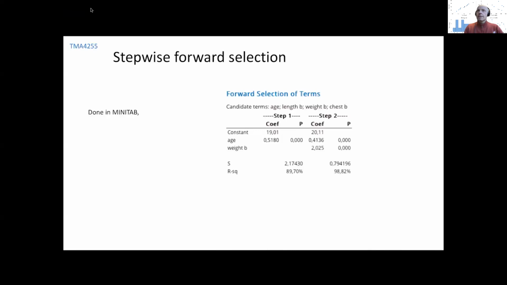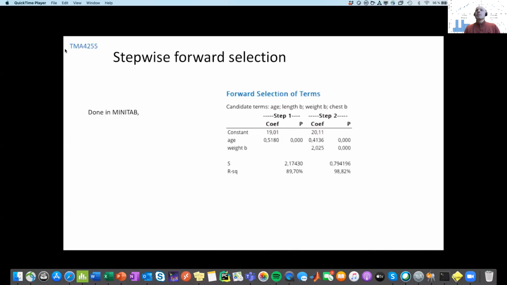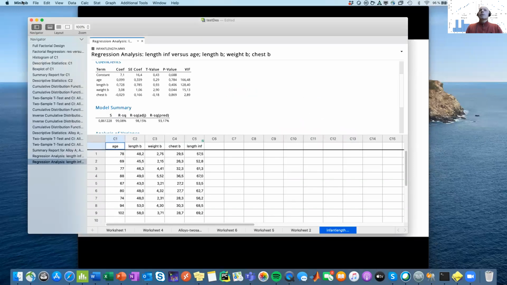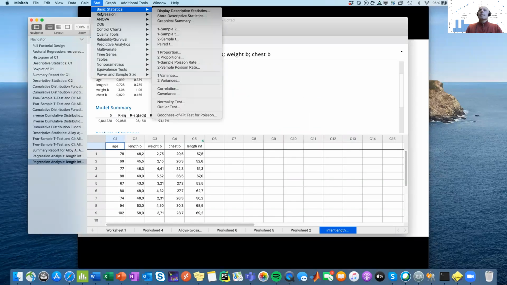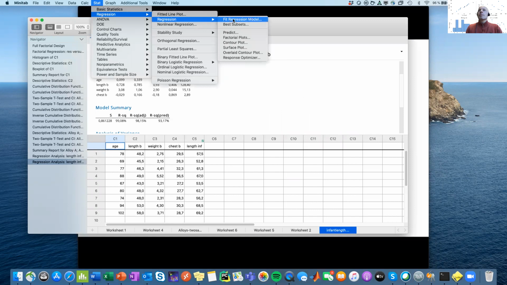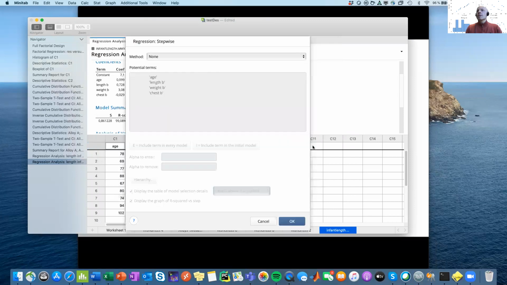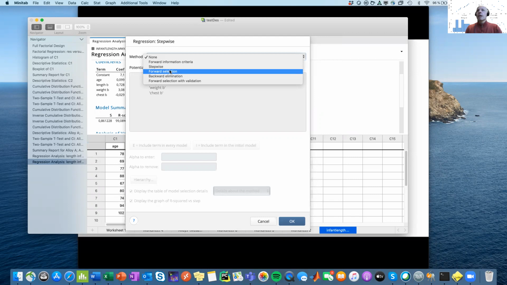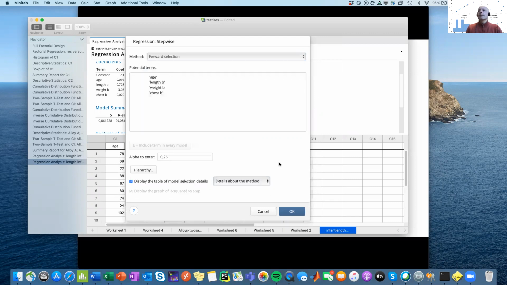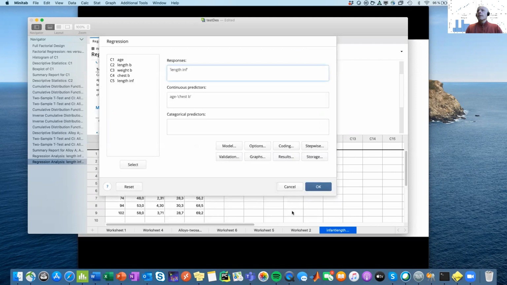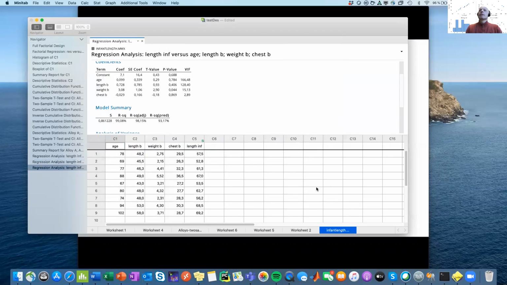Okay, should we do this thing in Minitab just to see what is done? Then we do Stat, Regression, and then we fit the regression model. Now I do the same, but I'll do a stepwise model with forward selection. You also see that there's something else here. Backward elimination goes the other way. Okay. And what do we get?